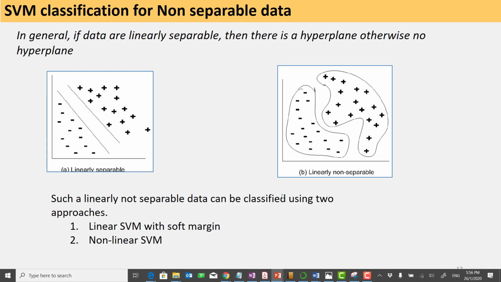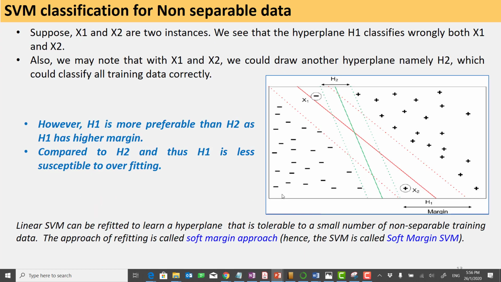There are two different things we need to understand before we jump into the non-linear space: the linear SVM with a soft margin, and the non-linear SVM. So let us first understand the classification, and then we move on to non-linear space.